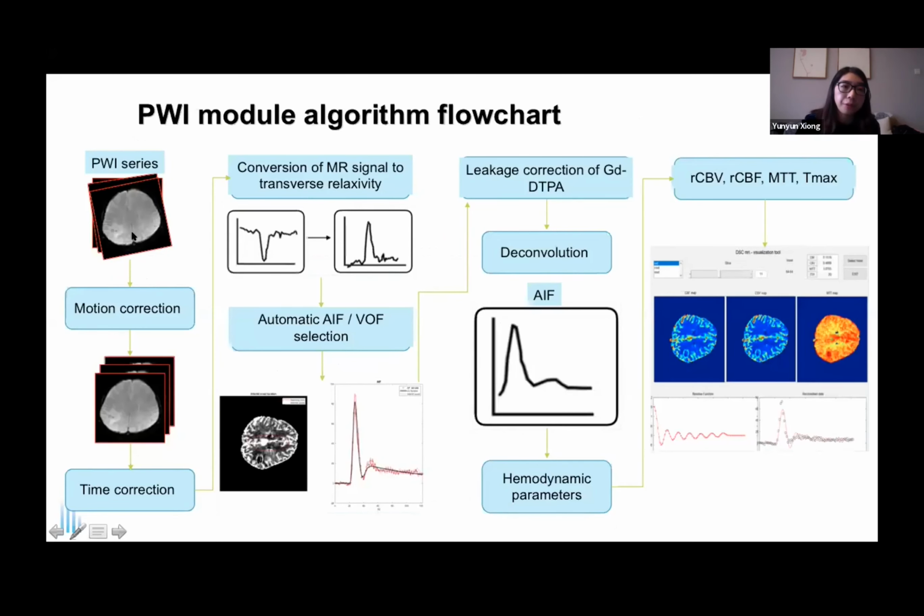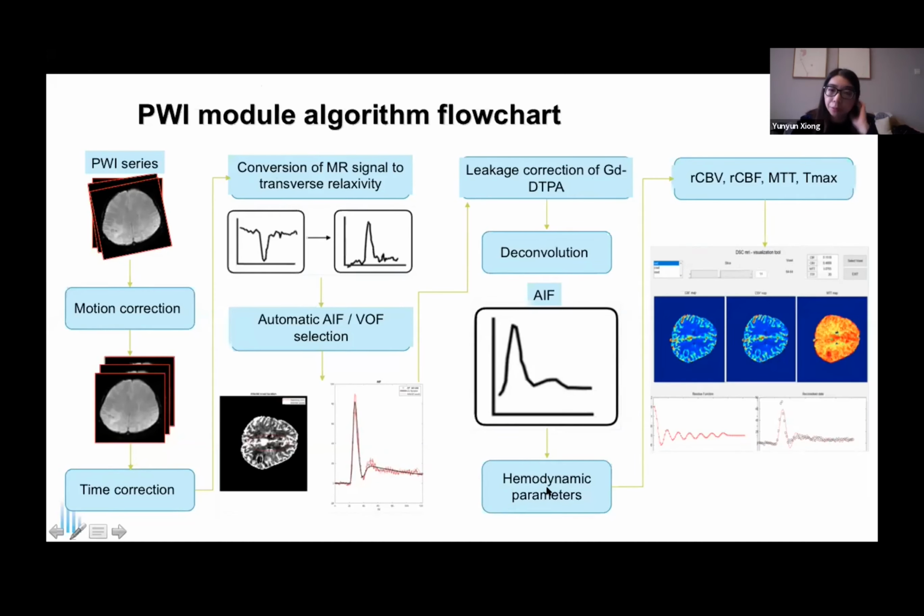So for the perfusion-weighted imaging, we conduct motion correction and timing correction, and then with an algorithm which was published in the RAPID methodology paper, we follow that algorithm and convert the MR signal to transverse relaxivity. We detect the automatic arterial input function. And after correction for the leakage of gadolinium DTPA, we use the deconvolution method to derive the AIF curve.